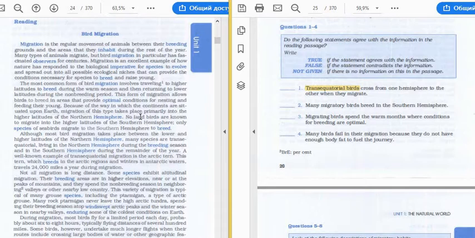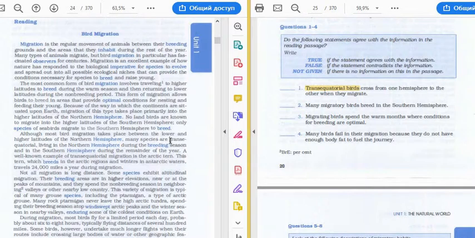Land birds, it says about land birds, but it doesn't relate to our question. Transequatorial. Here we find something about transequatorial.